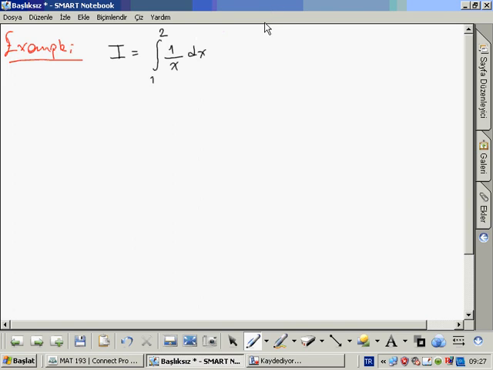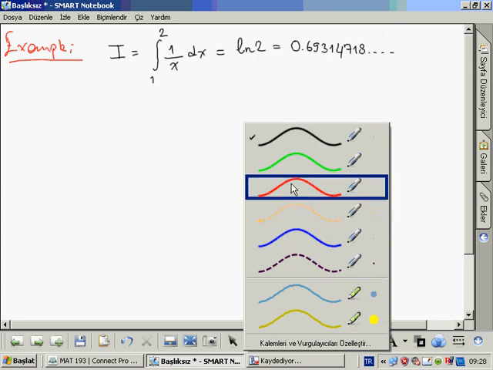We know that this integral equals ln x, so that means ln 2 minus ln 1, which is equal to ln 2, because ln 1 equals 0. When you calculate this value, it will be equal to 0.693147118, it continues, and of course this is an irrational number.